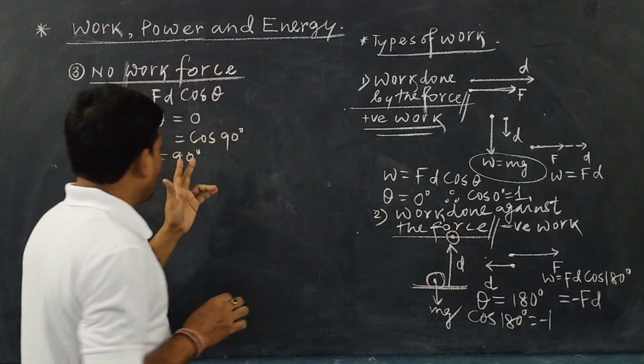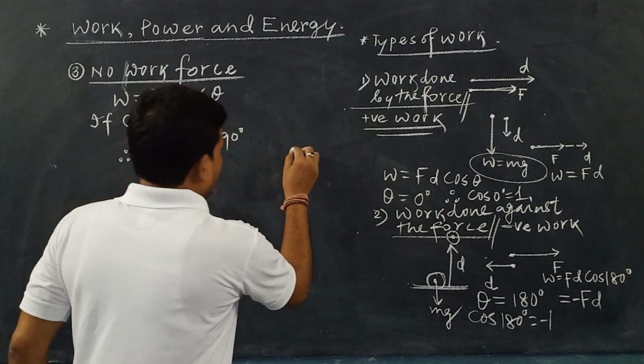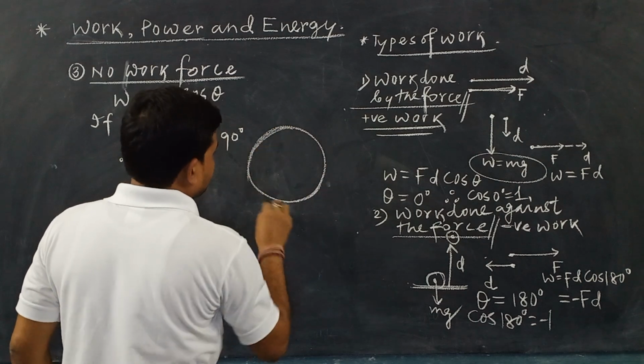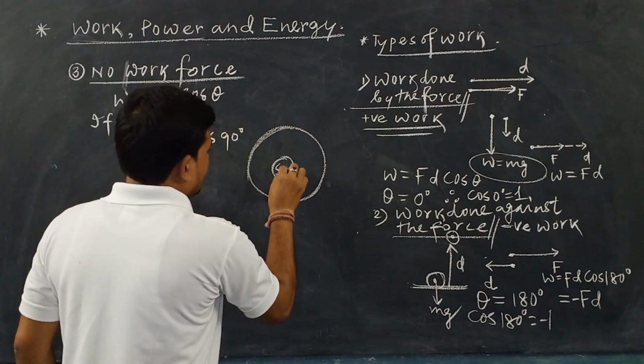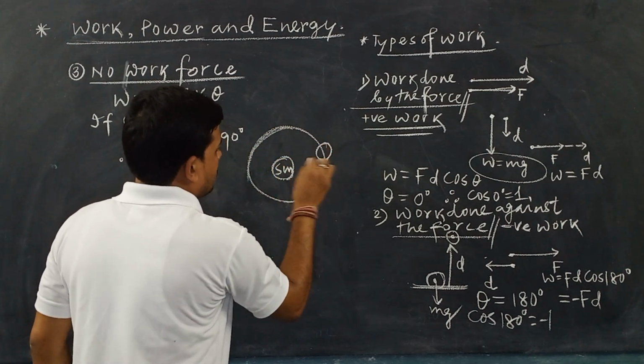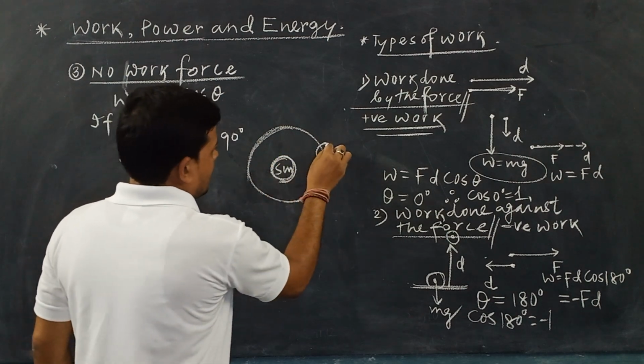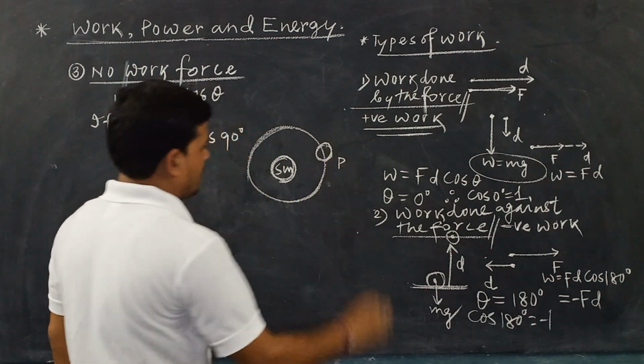This happens only in a few examples like this. Let this be the sun and the planet revolve around the sun. This is the sun and this is the planet, P for planet.